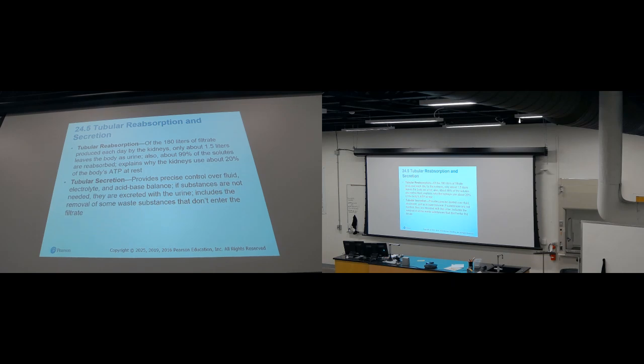So that's mostly done at the DCT, and as well in the collecting duct. And especially we control the levels of hydrogen in these areas because it's necessary for us to have a specific pH so that our cells can work properly with that concentration of hydrogen ions.